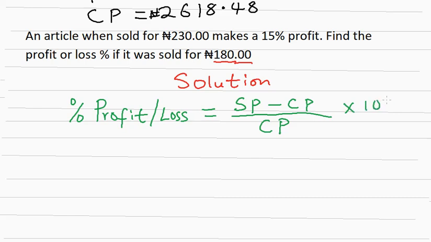So the difference in this formula is if it is percentage loss, cost price comes first. If it is profit, selling price comes first. I hope that is well understood.